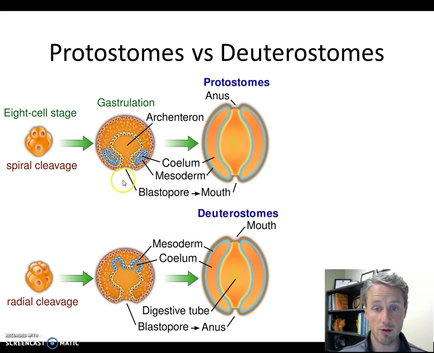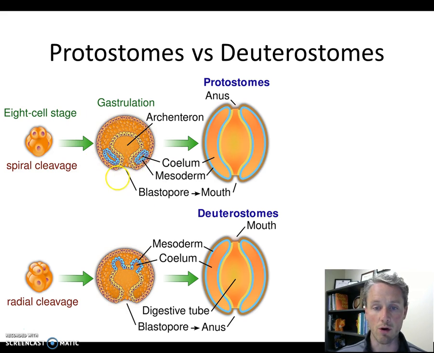Then here we're showing you the invagination, formation of the blastopore with the endoderm and the ectoderm. This embryo is developing mesoderm here as well. But when we talk about protostomes and deuterostomes, we're really focusing on this blastopore and what happens to it later in the organism's development.